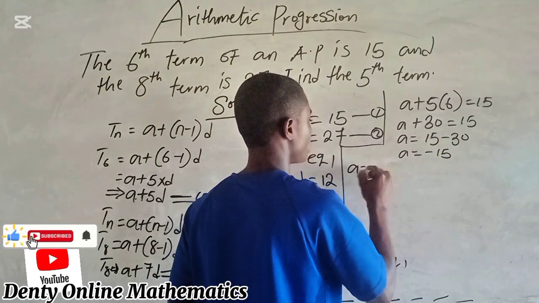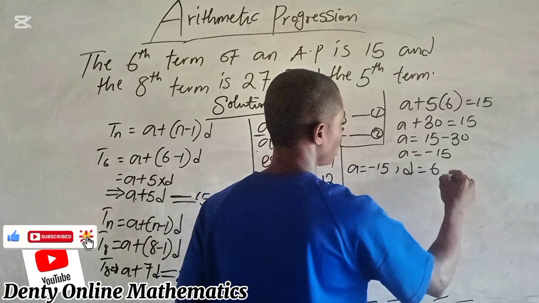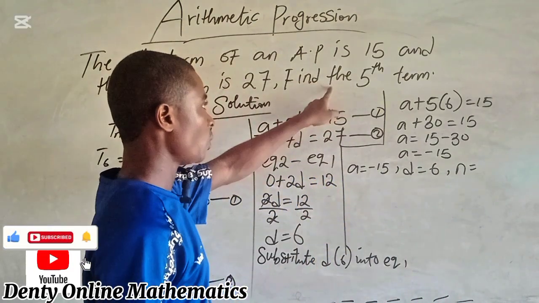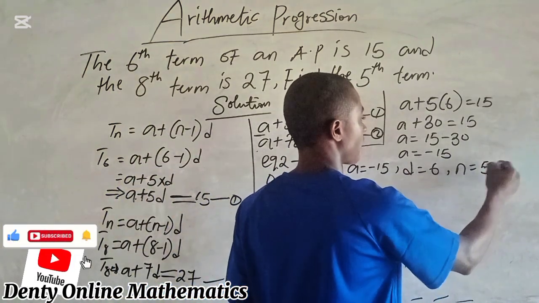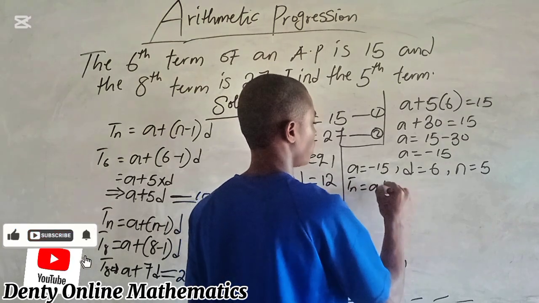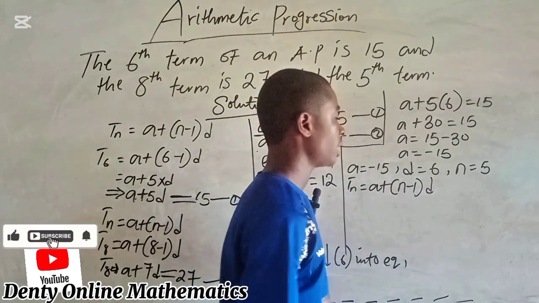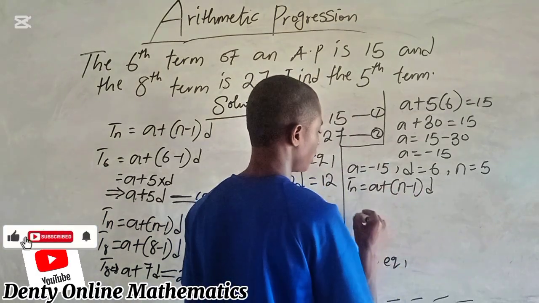Now our a is equal to minus 15, our d is equal to 6, and our n, which is the nth term, we are looking for the fifth term. So n will be equal to 5. We know that our Tn is equal to a plus (n minus 1) d, given by the nth term. So our a is minus 15.